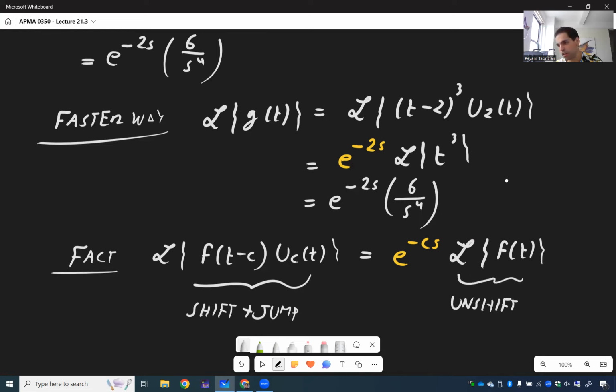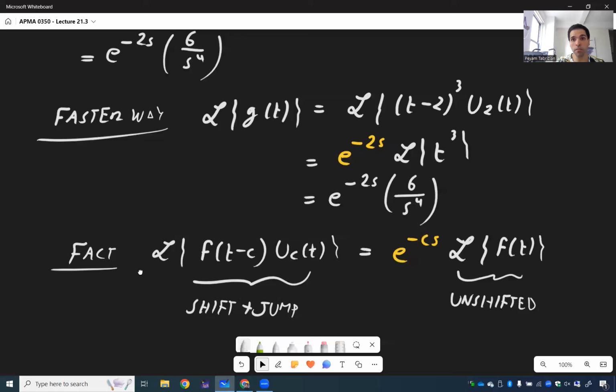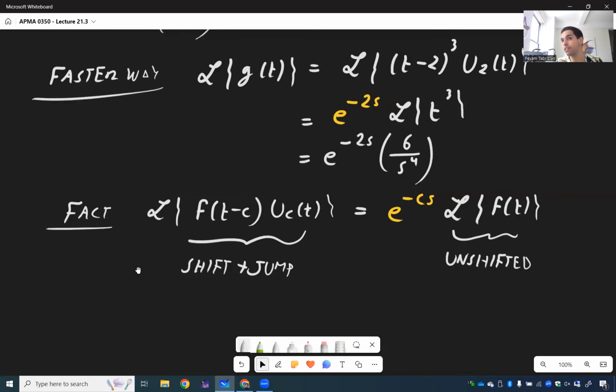Unshifted. So let's do an example with this formula. And by the way, again, this will be given to you on the Laplace transform table.